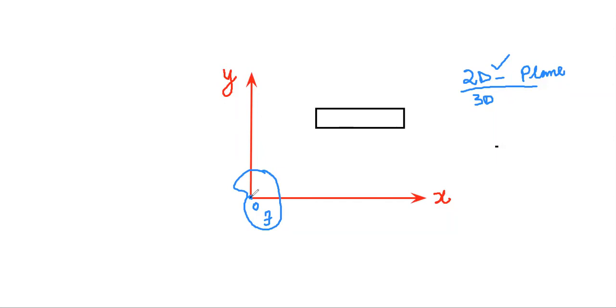From this origin we will be measuring the position coordinates of different points of this duster. This frame of reference is the one from which we'll be measuring the motion of the different points of this duster.